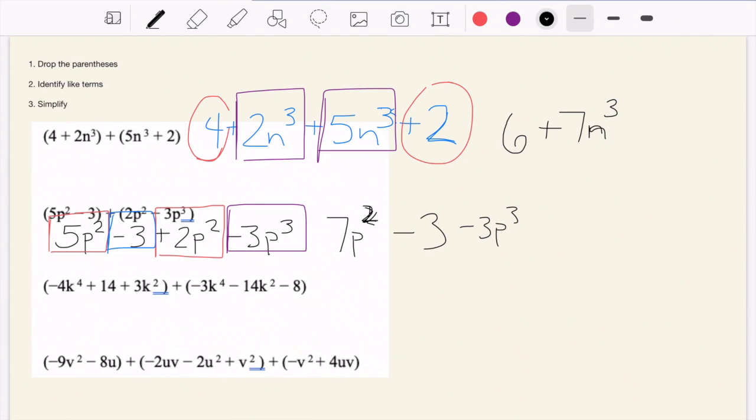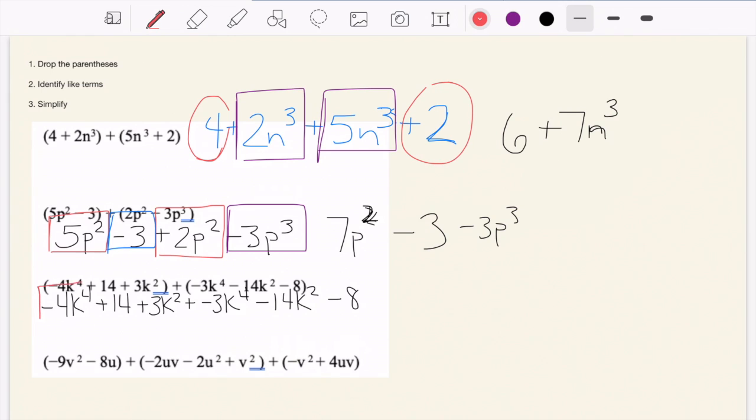All right, let's look at the next one. We're going to start by dropping the parentheses. So we're rewriting it: negative 4k to the 4th plus 14 plus 3k squared plus negative 3k to the 4th minus 14k to the 2nd minus 8. Let's start with our red-orange color.